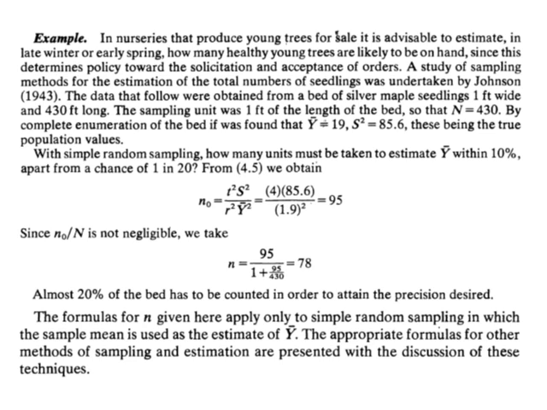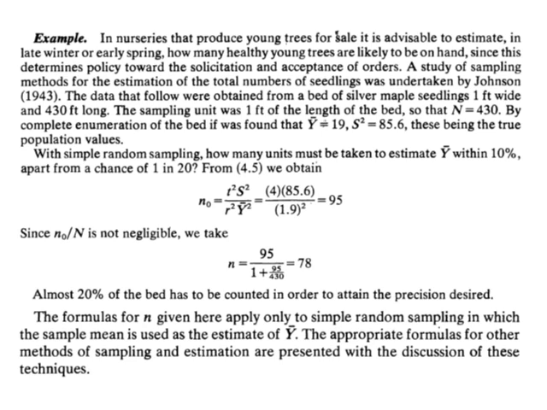The sampling unit was 1 foot length of bed, so N = 430. By complete enumeration of the bed it was found that ȳ = 19 and S² = 85.6, these being true population values.